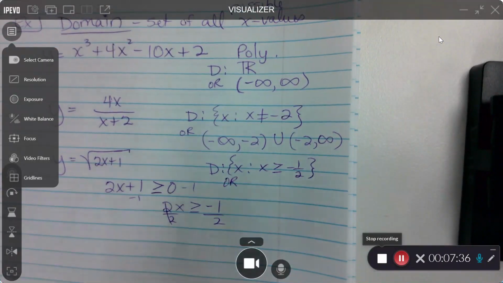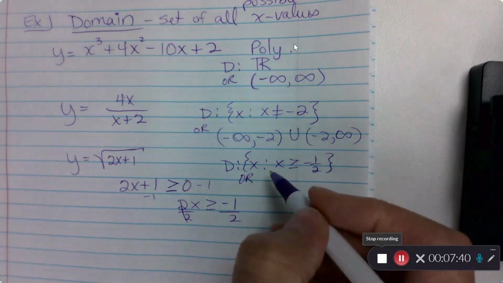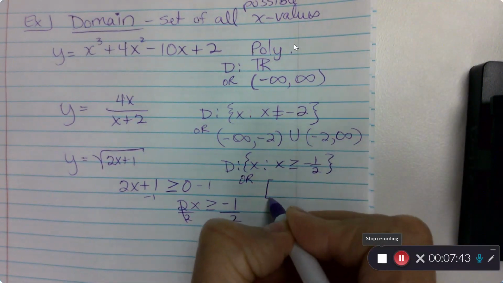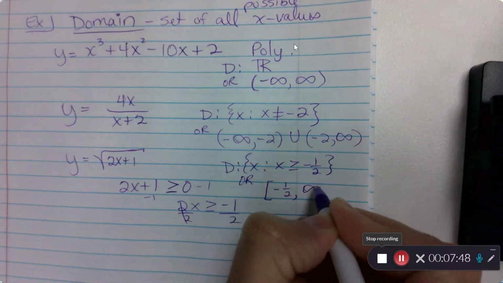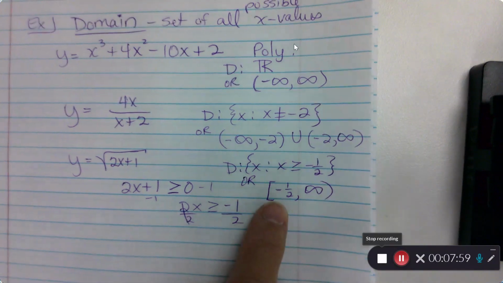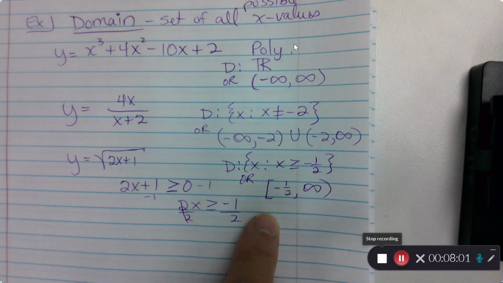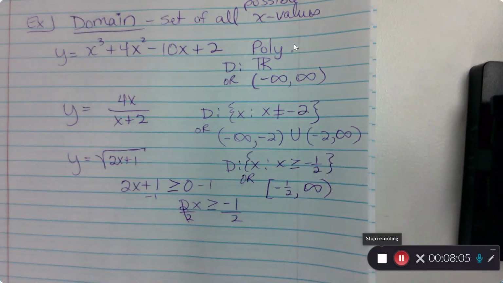So how would I write it in the interval notation way? Bracket -1/2 to infinity. If it's included, it's a bracket. If it's not included, it's a parentheses. And we never reach infinity, that's why it's always parentheses.